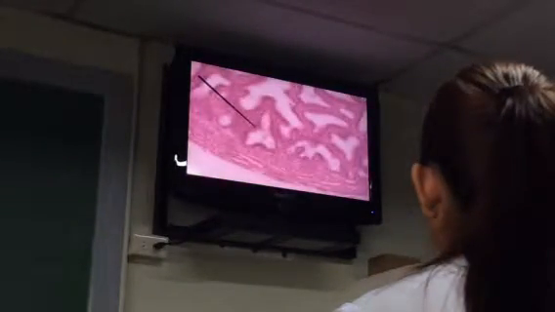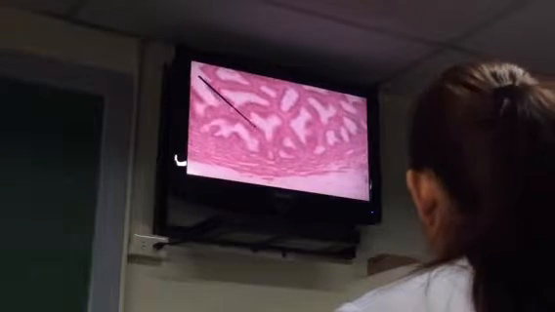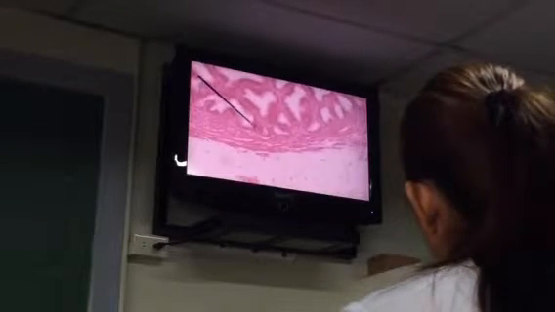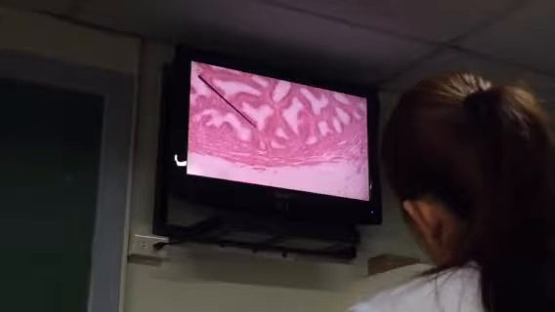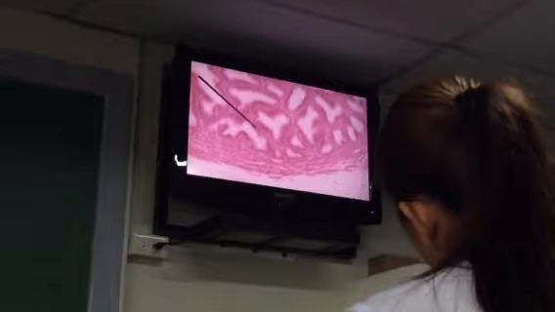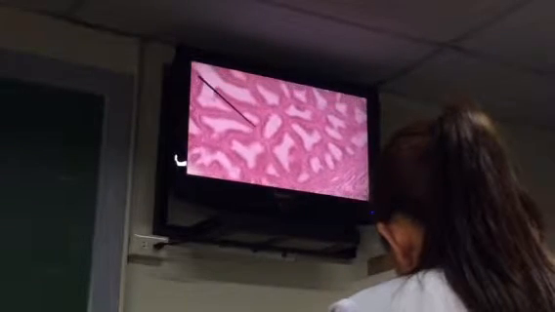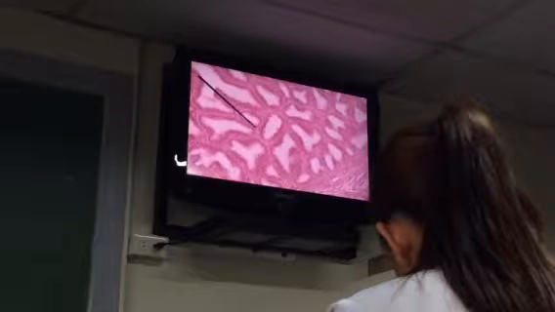Let's look at this under low power. Okay, very good. Now starting from the base, this is what you call your primary fold. And when it branches out, like this one here, then you form a secondary fold.